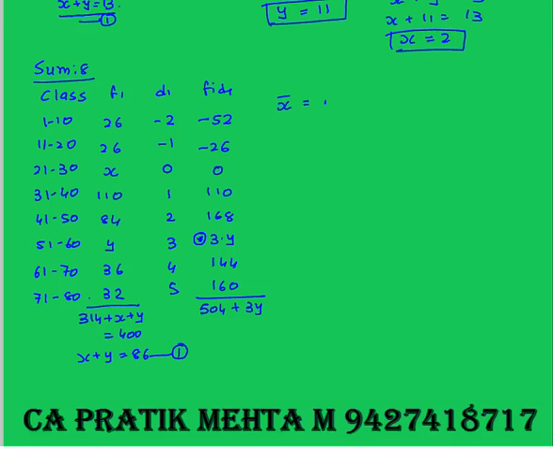Now as we are ready with the table, we can put the formula to get the answer. x bar is equal to a plus sigma fidi upon n into c. Please verify once again in your question set what the mean is. Mean is given as 41.7 marks.